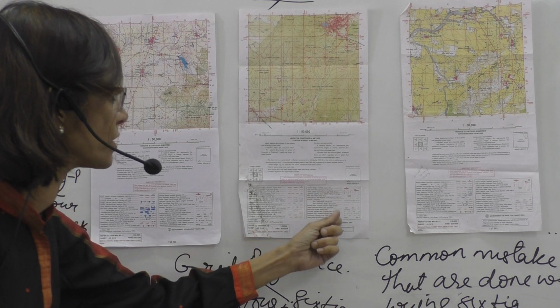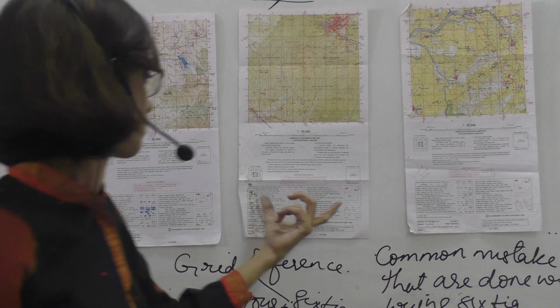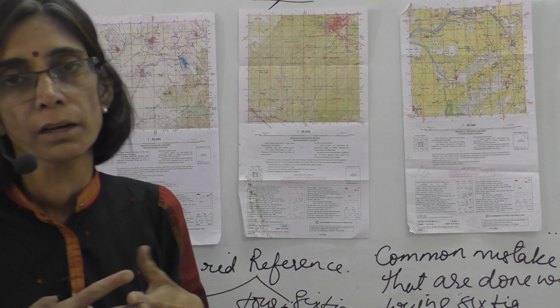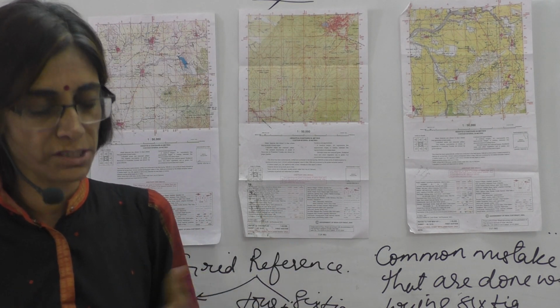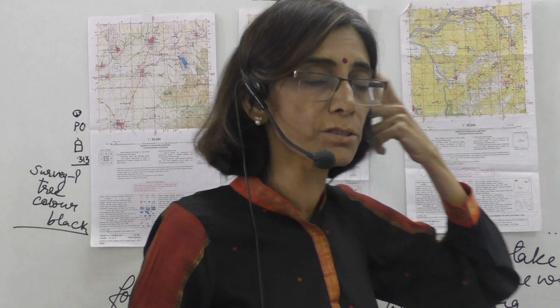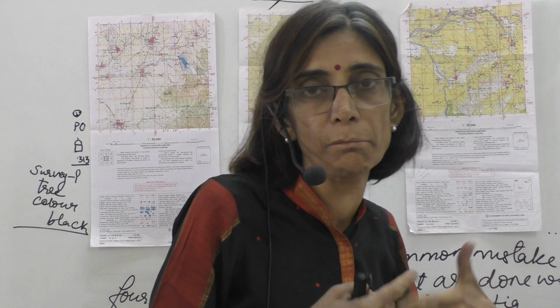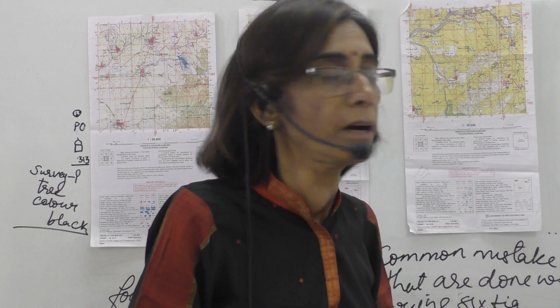You make use of this index in case you're not familiar with the symbol. But over a period of 1 year, when you constantly keep practicing, you'll be able to remember many of the symbols by heart. It will be very rare that you don't remember it when it is asked.